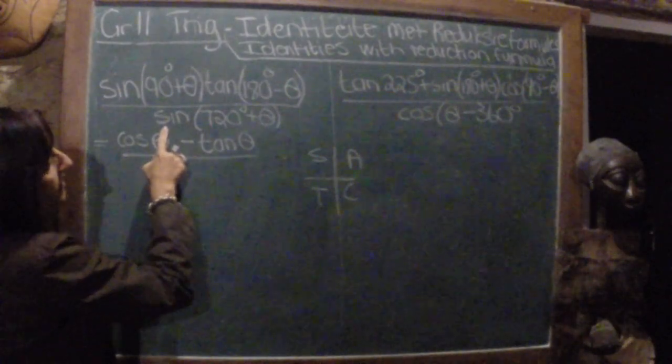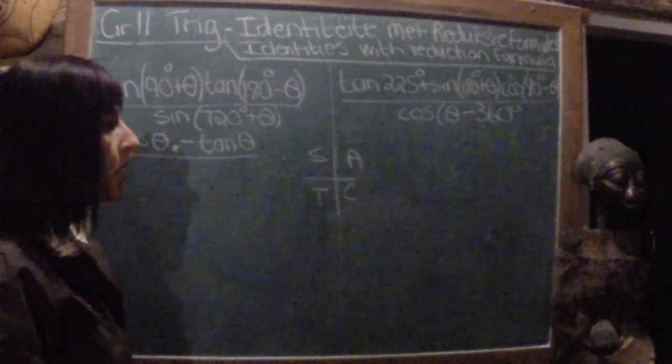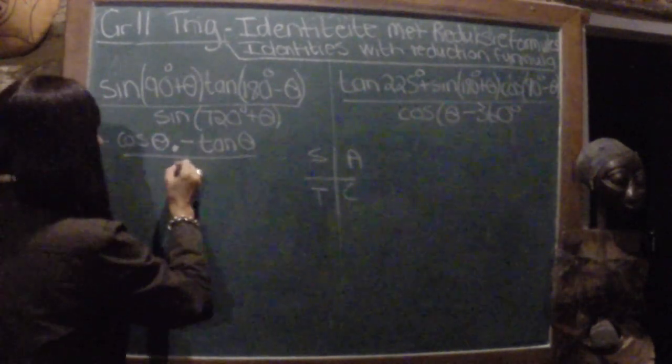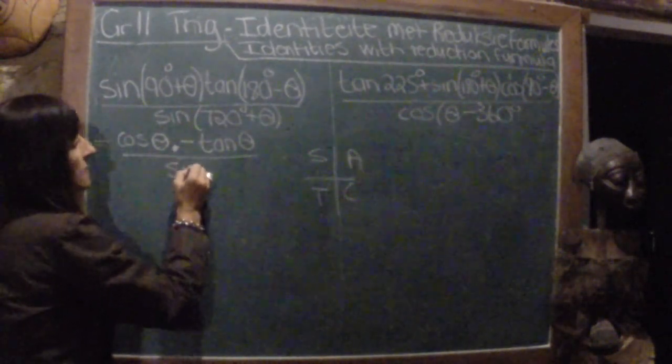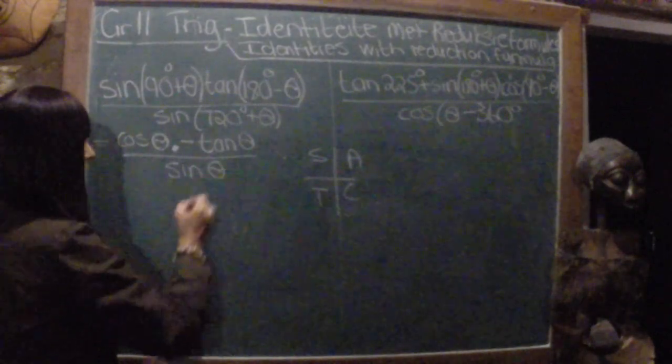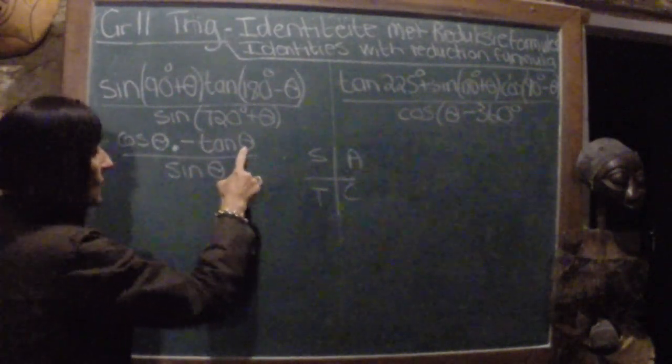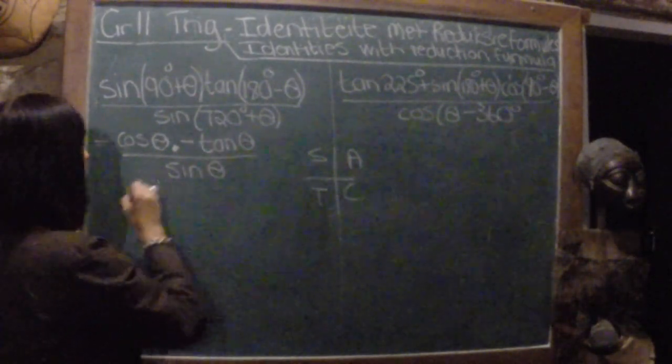Nou het ons die sin van 720, we can take cycles out of that, 2 of them, so it's only going to be the sin of theta. Die cos van theta maal die min tan van theta, we can substitute this identity.